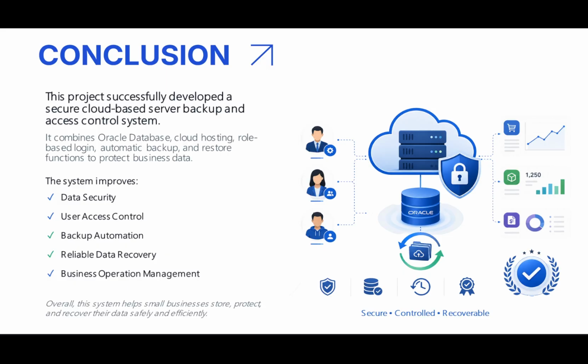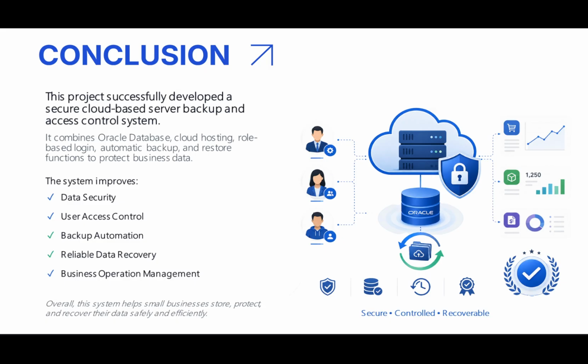So after the demo, we come to the conclusion. This project successfully developed a secure cloud-based server backup and access control system by combining the database, cloud hosting, role-based login, automated backup, restore, and also functions to protect business data.